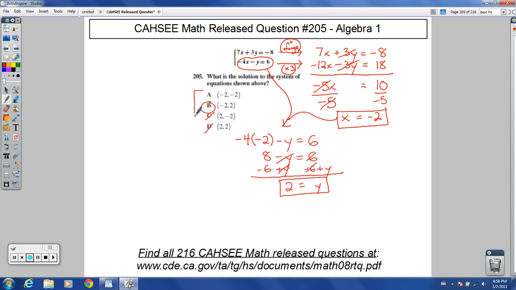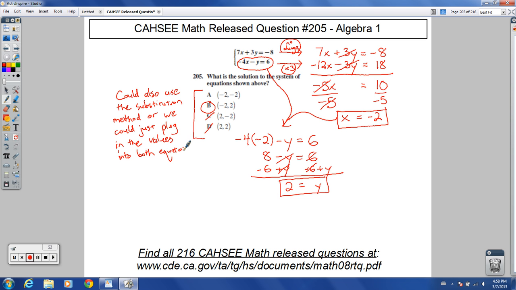So let's write those two ideas down off to the side here briefly, that we could also use the substitution method, or we could just plug in the values into both equations and see which one works.